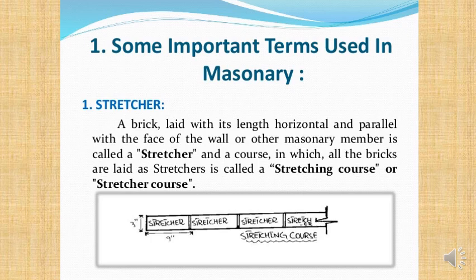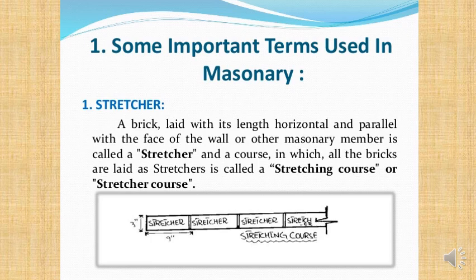So when you are putting the short ends of the blocks next to each other, and the stretcher length is the one that is facing you, then that is called a stretcher course.